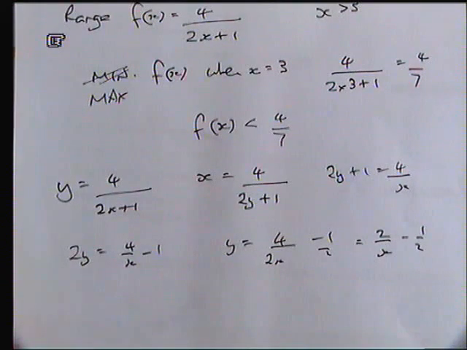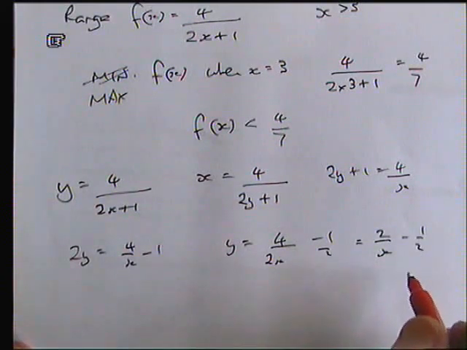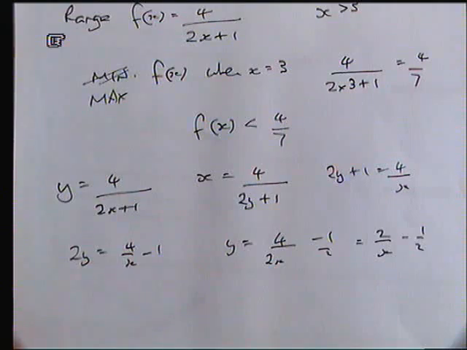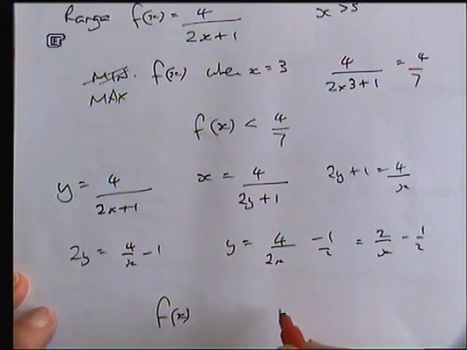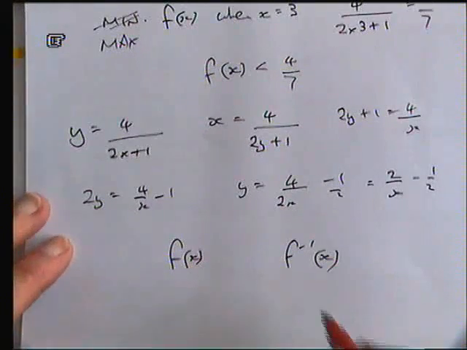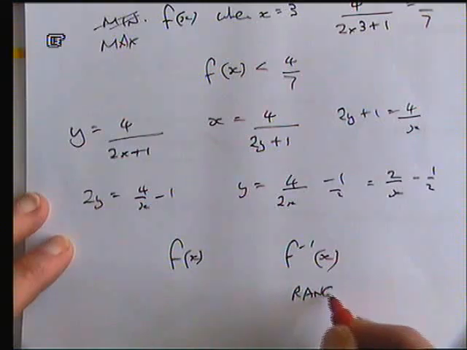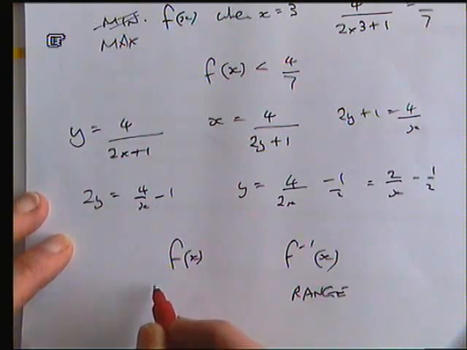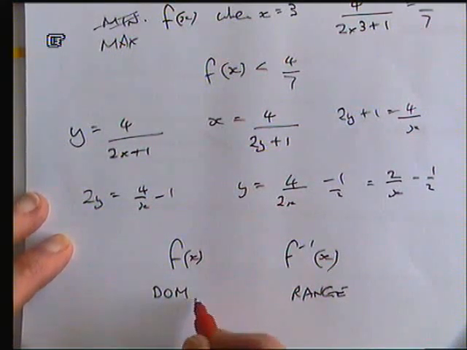Okay. Finally, the range of that function. We've got a function, f of x, and we have an inverse function. We want to know the range of this function. We were told at the start, what word am I going to write down here?